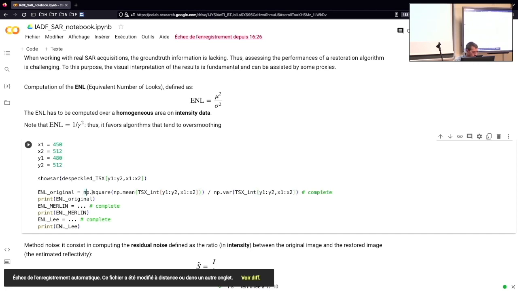Then I'm going to select the result provided by Merlin.